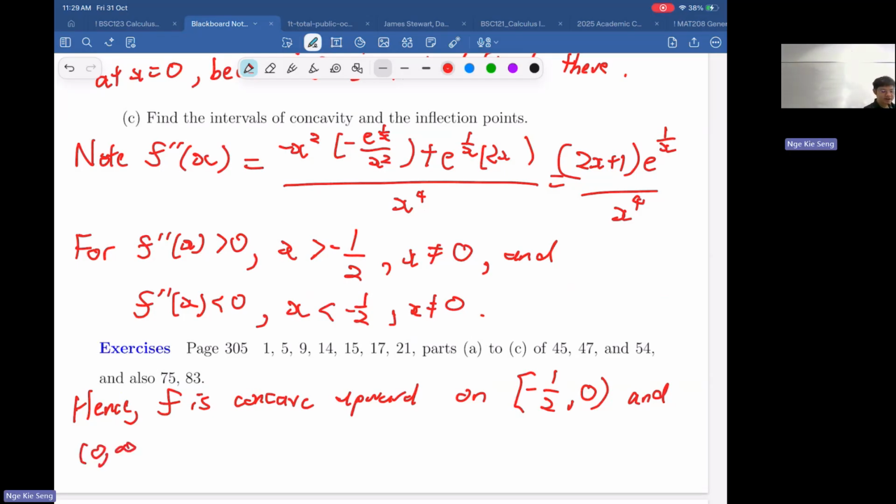Here I split it up because at 0 it is not defined. On the other hand, it is concave downward on the left hand side of minus half. I think this is open as well, right?